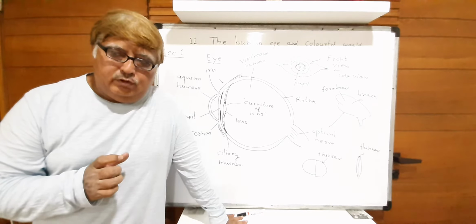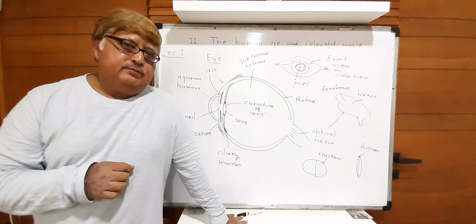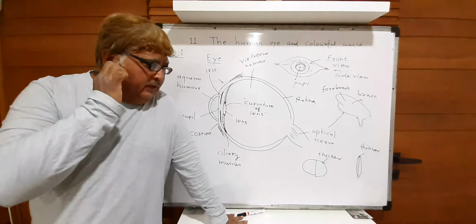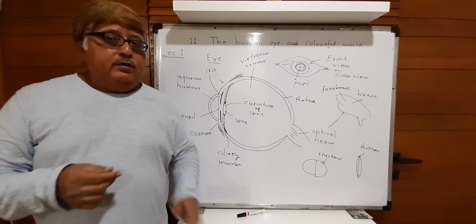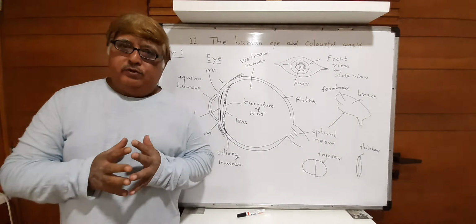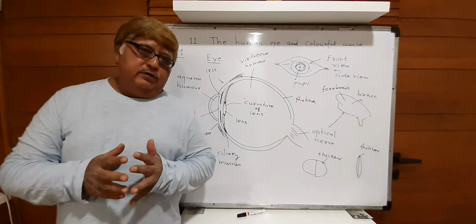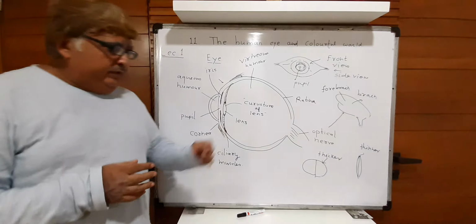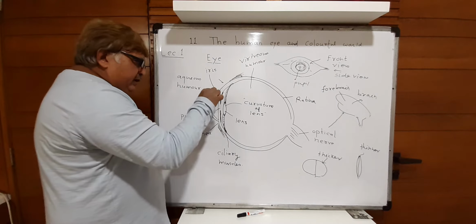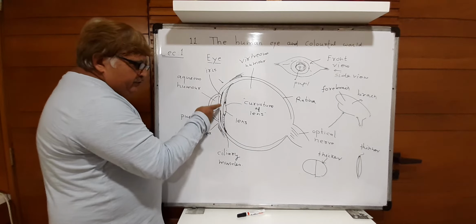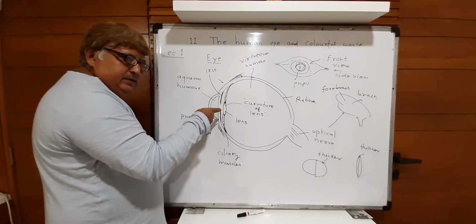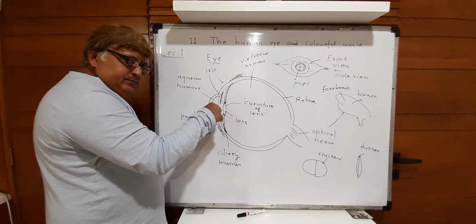Actually that is called power of accommodation. Another topic we are including in this only, power of accommodation. What does it mean? Inside our eye we have a fibrous, jelly-like material, the lens.